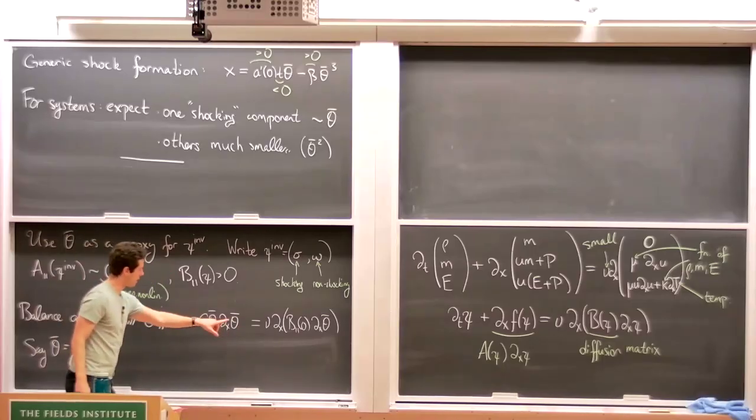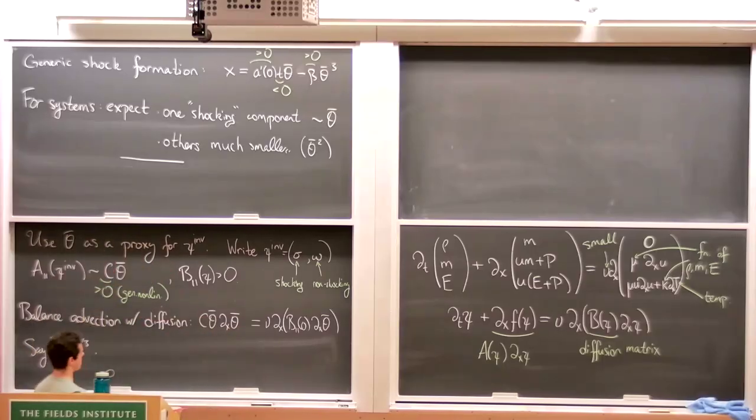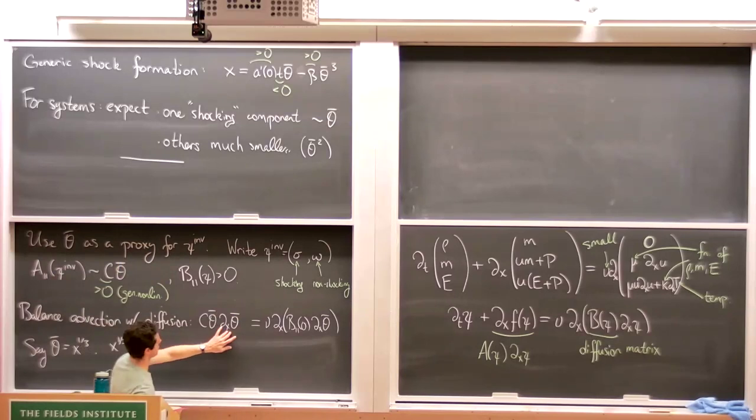And if I plug that in here, I just need to keep track of my exponents. So I'll have x to the 1/3, x to the minus 2/3, and that should balance nu times 2 derivatives of x to the 1/3, which will give me x to the minus 5/3.